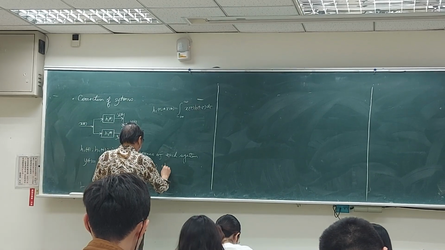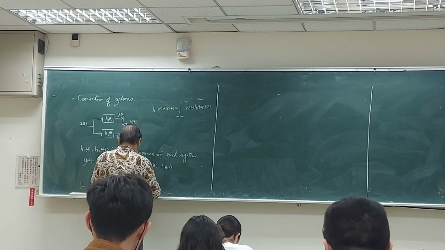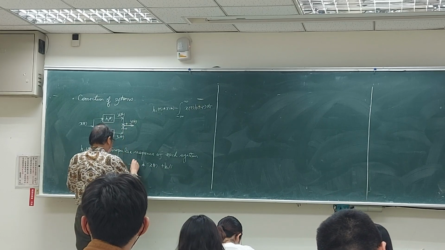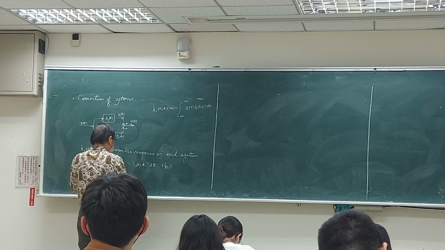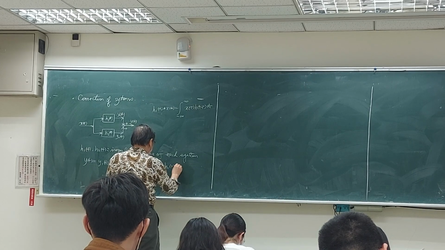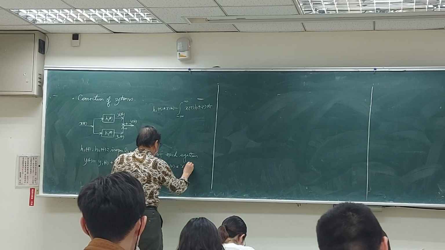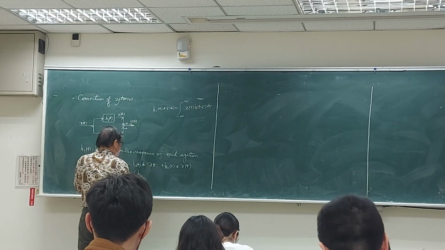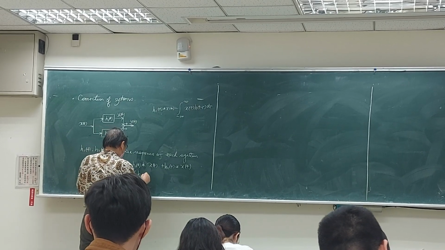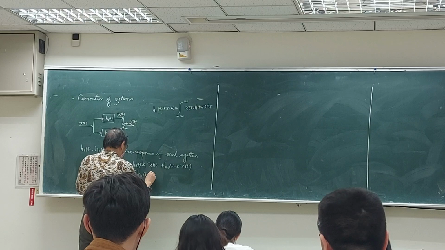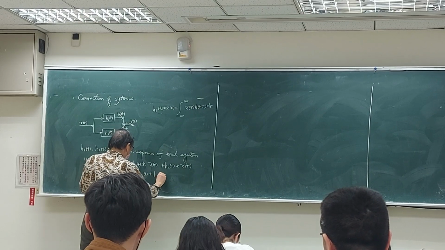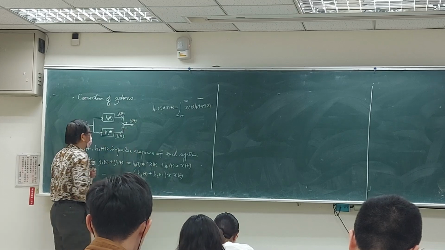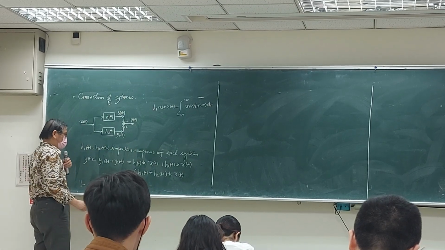Plus H2 of t convolved with x of t. So we can take x of t out of the summation. So what does that tell us?